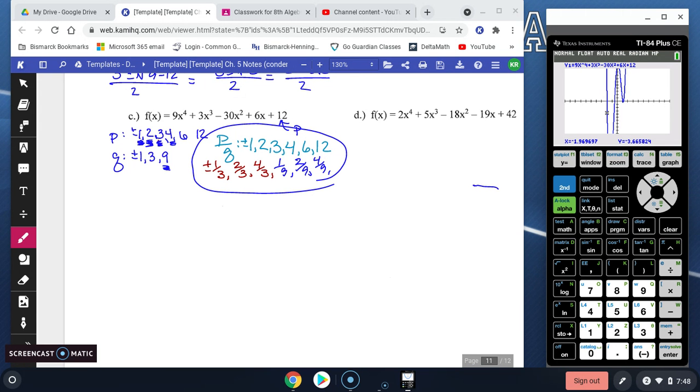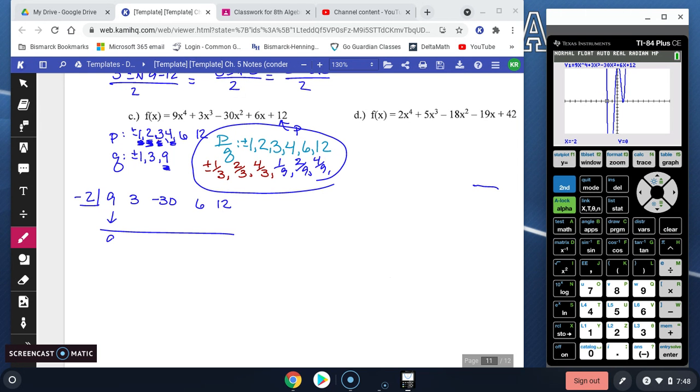So I'm going to type in -2, enter, and see if I'm right. Okay, so -2 does work. So I'm going to use my synthetic division, and I'm going to do -2. I've got 9, 3, -30, 6, and 12.